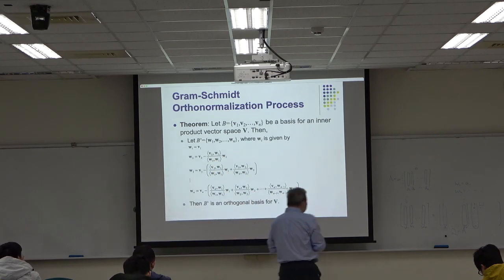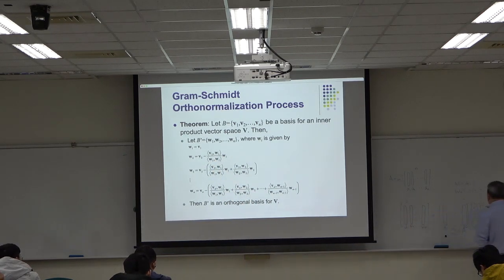You can put something here. And W3 will be V3 minus something, right? That something comes from the first two vectors.